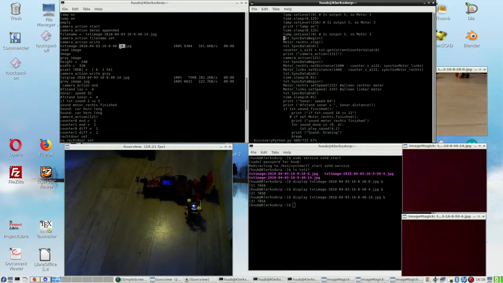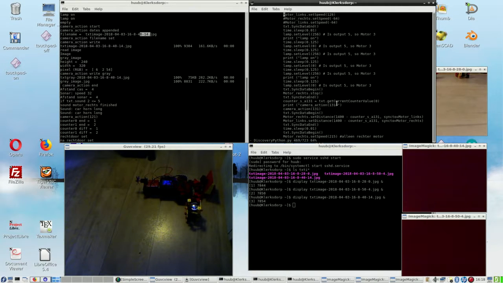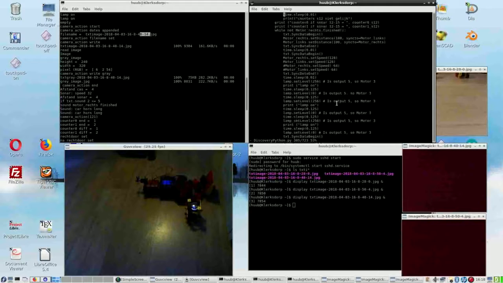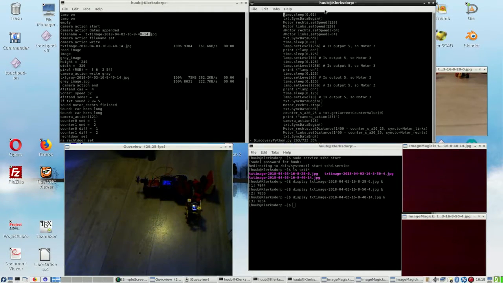I should change that. I definitely should. Because here it now takes a camera action while it drives on, and that explains why it ends up here with this distance while this image is being taken. It doesn't stop. So I need to change the algorithm, not only for that one, but also because of the distances.